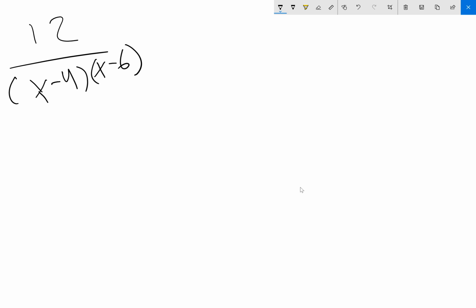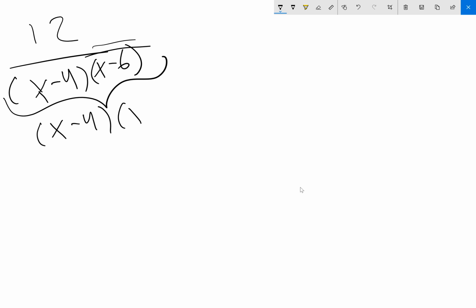So let's look at this one. Okay, so this is a rational function, right? So the denominator can't equal 0. We're multiplying two numbers, so that means if this is 0, this whole thing is going to be 0.